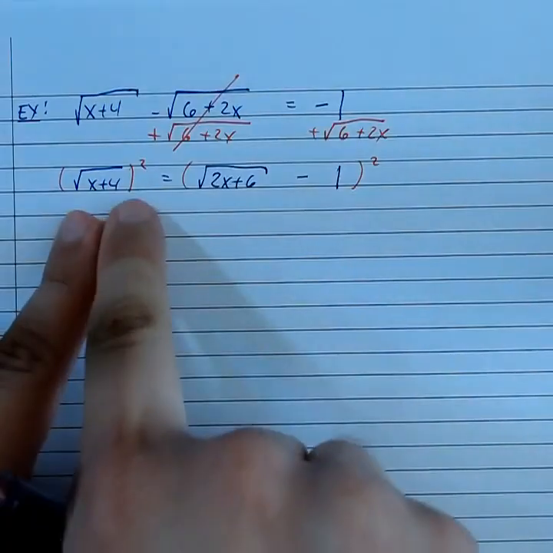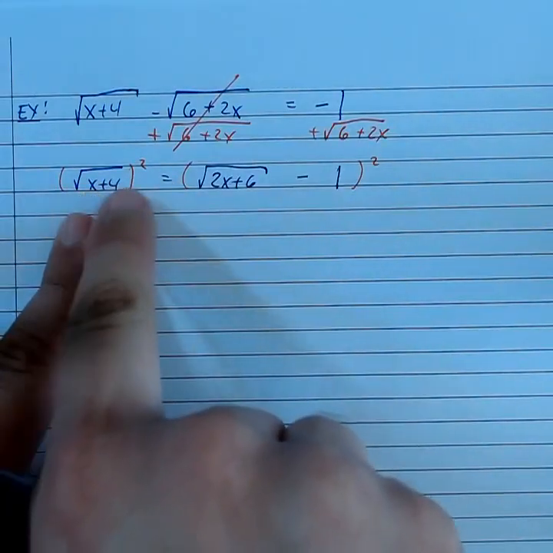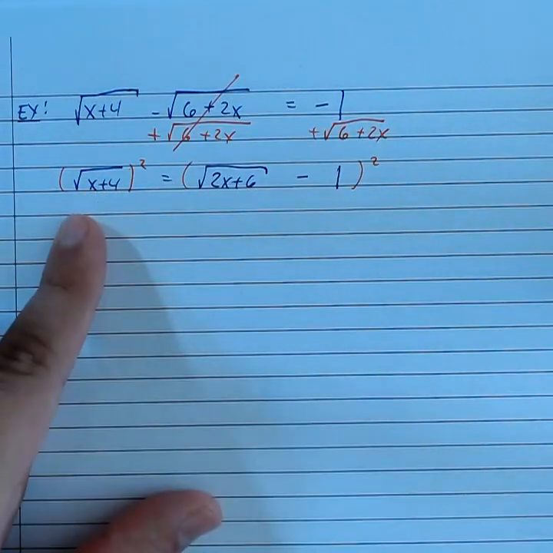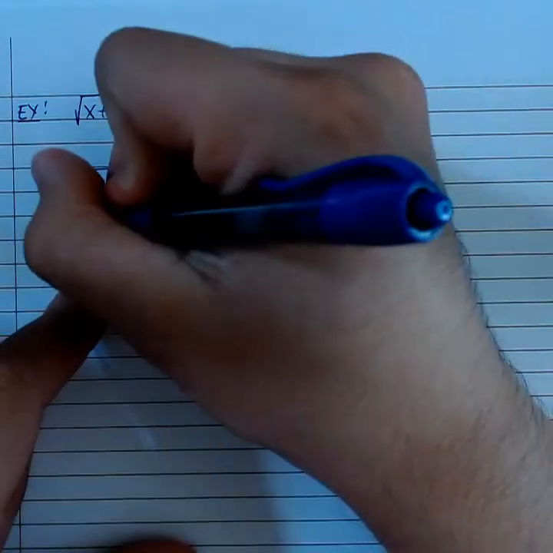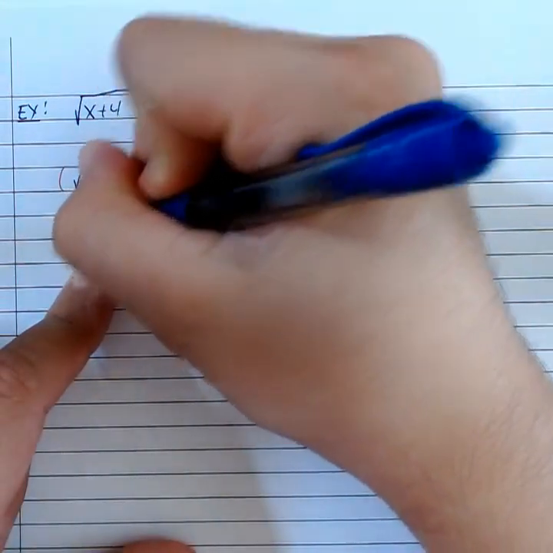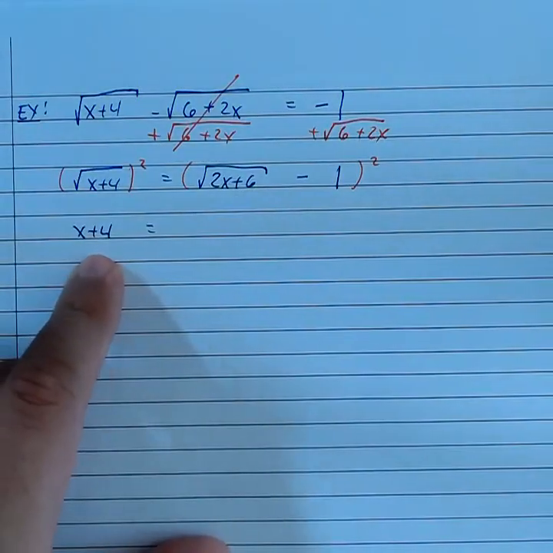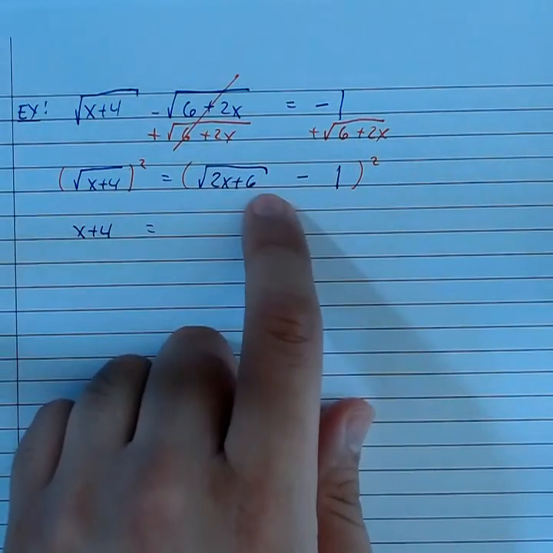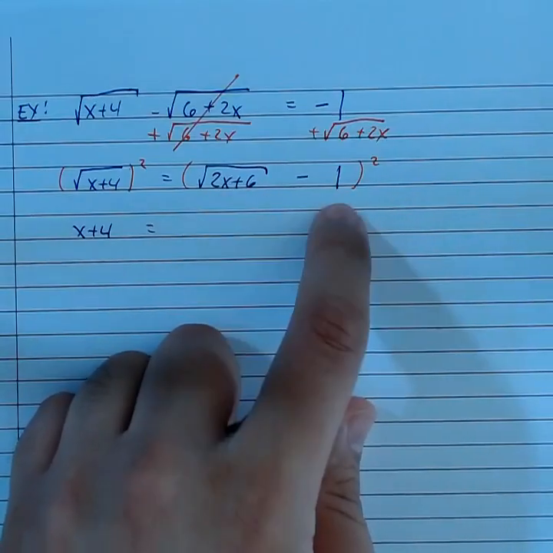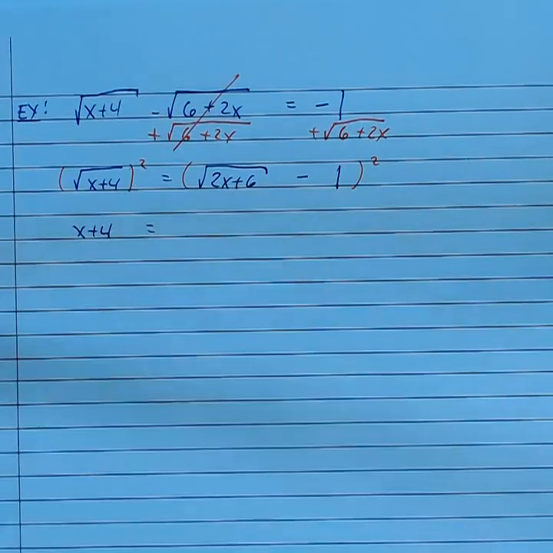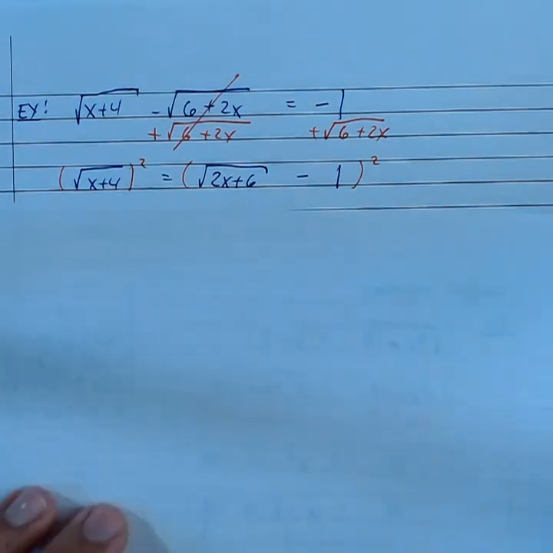This side is simple. If I take the square of the square root of x plus 4, I just get x plus 4. No problem there. This side is going to be a little more complicated. When I square something that has multiple terms, I can't just square each piece. I'm going to have to multiply this out times itself. So let's do that over here on its own.